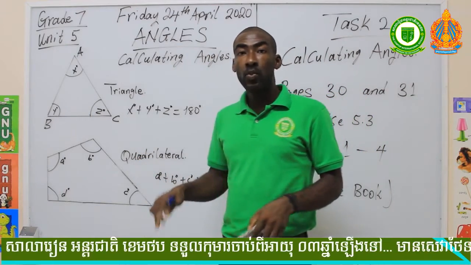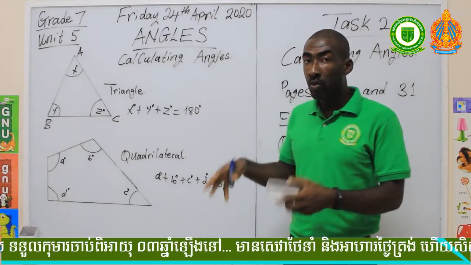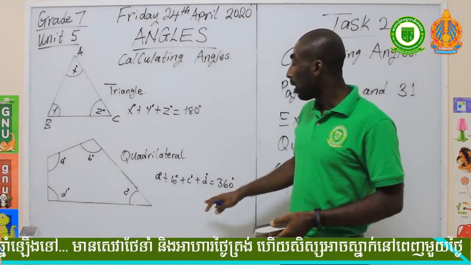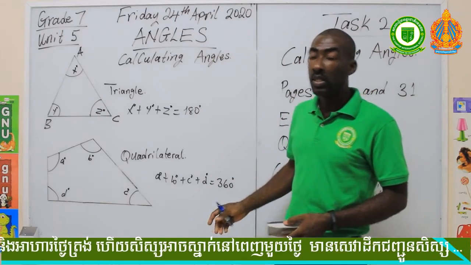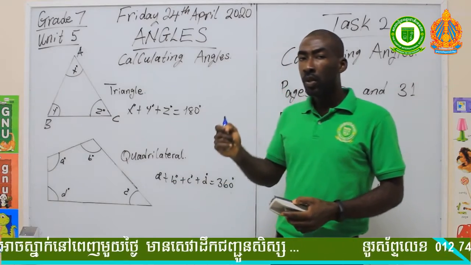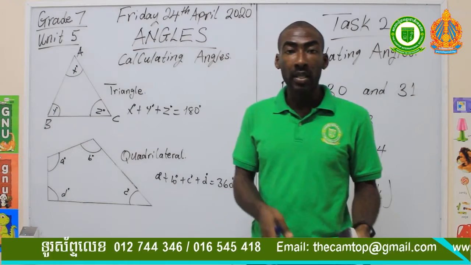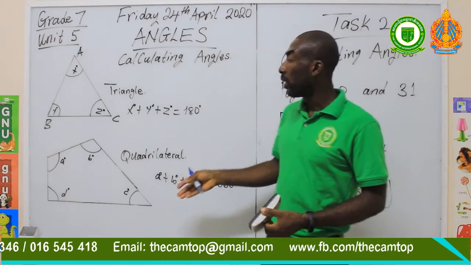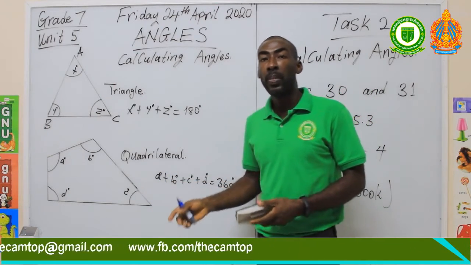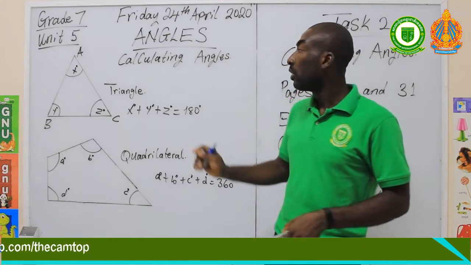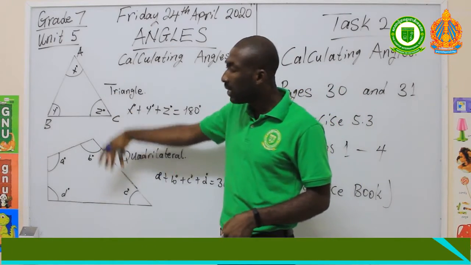The total size within your square and your rectangle are all 360 degrees, because when you divide your square into two portions, you have two triangles inside. The same way, when you divide your rectangle into two portions, you will have triangles inside.